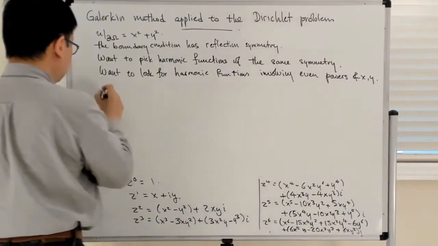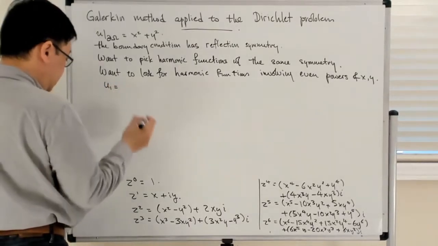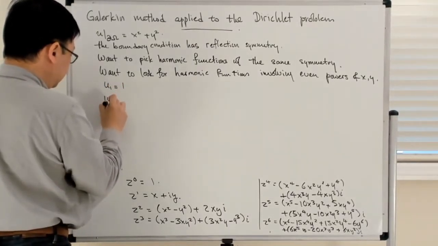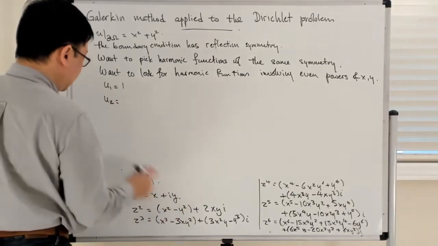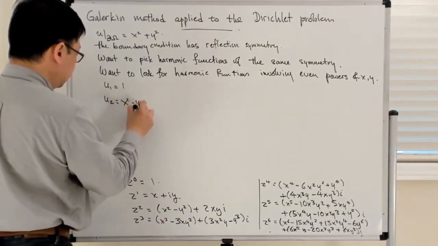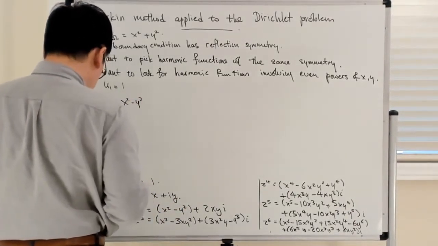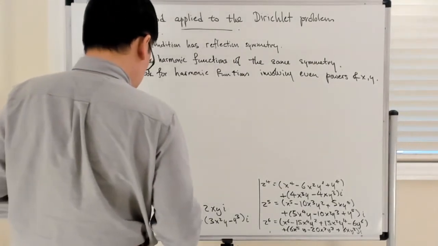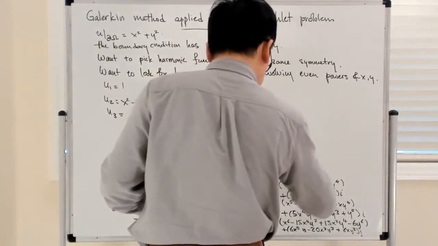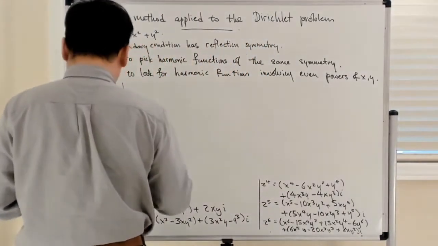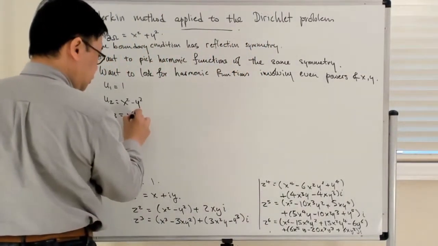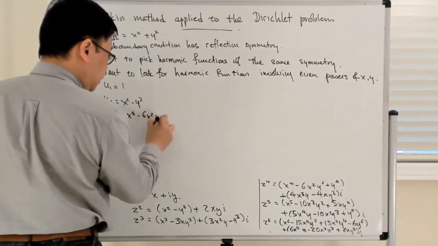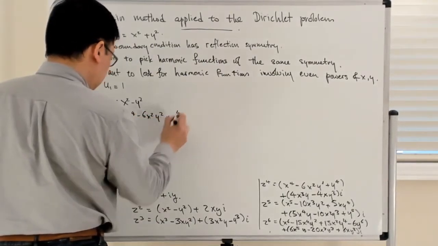So u1 is going to be 1. u2 is going to be x squared minus y squared. u3 is going to be, say, this term here: x to the 4 minus 6x squared y squared plus y to the 4.